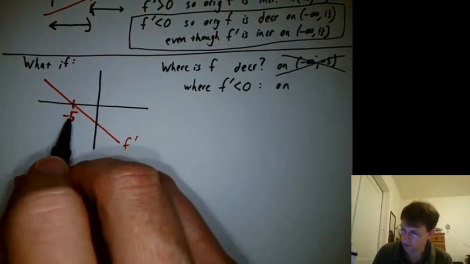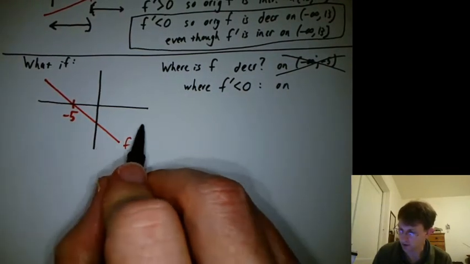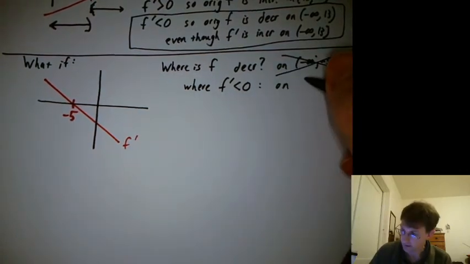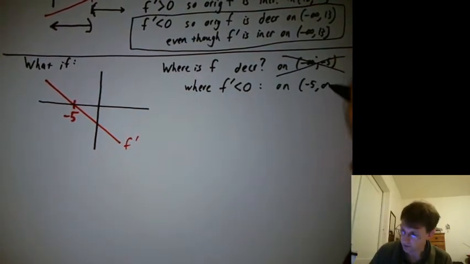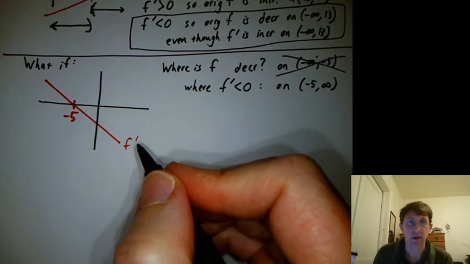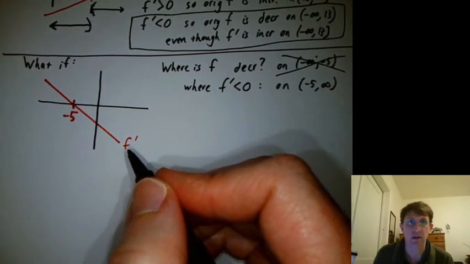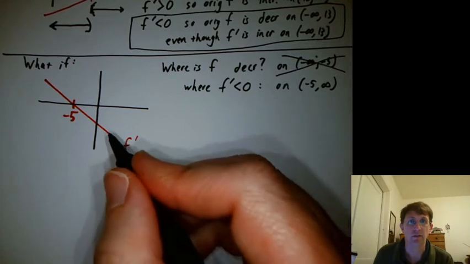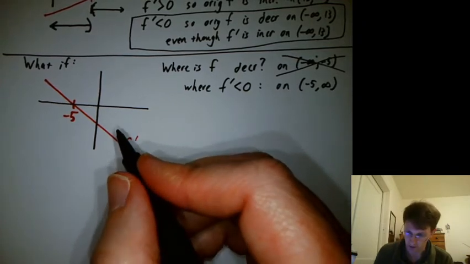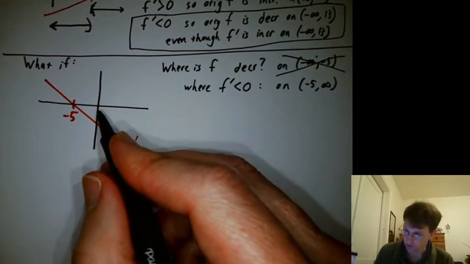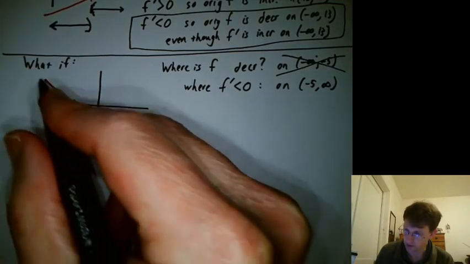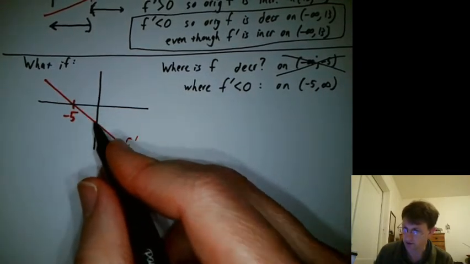It's on the interval from negative 5 outward to the right. So from negative 5 to infinity, that's where f is decreasing, even though f prime is decreasing all along, f itself is only decreasing over here.